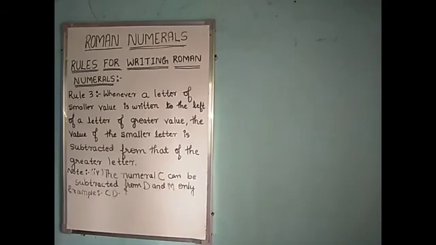So what we have to do? We have to subtract letter of smaller value from letter of greater value. So what is the numeric value of D? Numeric value of D is 500 and numeric value of C is 100. So what we have to do?